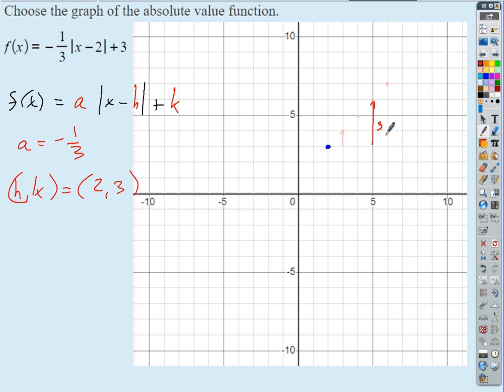And then if I want to find the dilated height, I'm just going to multiply -1/3 times my normal value of 3, which is going to give me a value of -1, right? So instead of going up 3, I'm going to go down 1. And my point would be there instead, right?